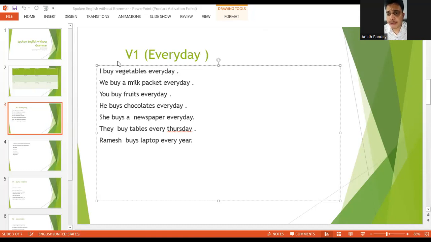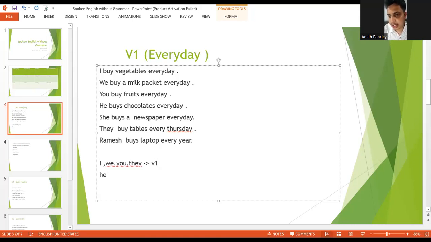Then in case of other four things, that is, let me write here for you, that is I, we, you, and then we have they. In case of these things, simply we have to use V1.